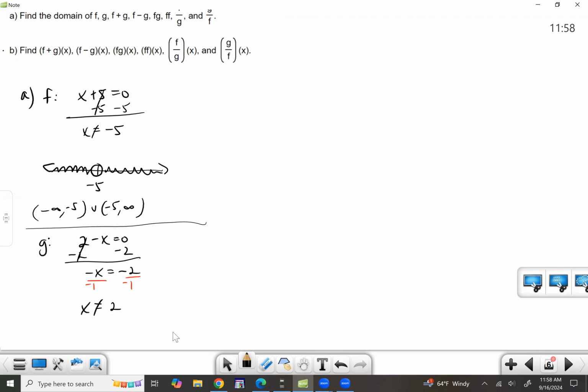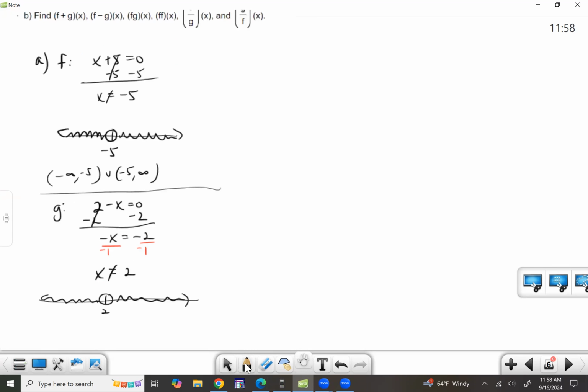Remember, this is, again, what it can't be. So +2 would have to be open circled, but everything this way would be fine, and everything that way would be fine. So what we're looking at for the domain of G would be from -infinity to 2, union from 2 to infinity. Let's go put these two in.